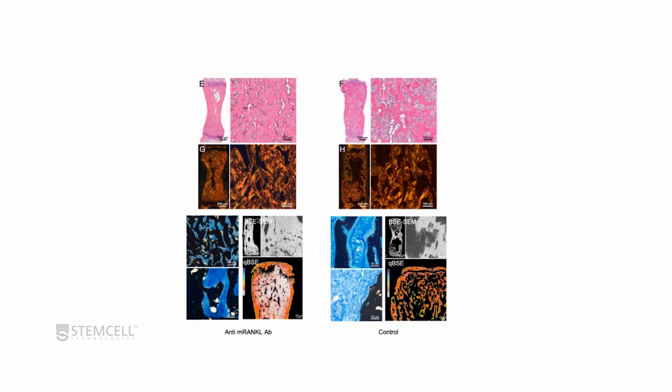So we still have to investigate the mechanism through which RANK ligand inhibition also reverts the osteomalacia observed in these mice. But certainly they demonstrate that RANK ligand inhibition can be a valuable therapeutic option for FD patients.